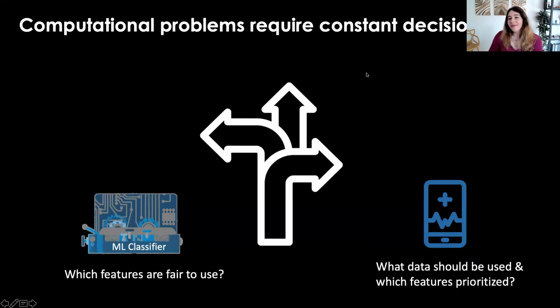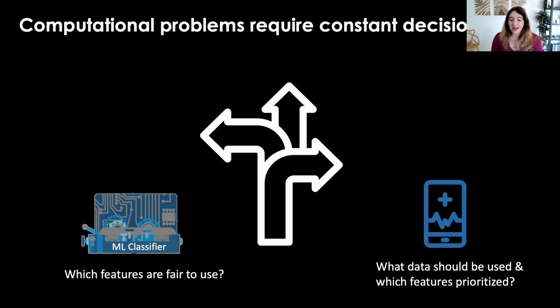Okay, so to kick us off, we should talk about computational problems in general, right? Not just contact tracing. And when we think about these computational problems, as most of us experience, they require constant decision making. So we have to decide what features are fair or effective to use in a machine learning classifier.